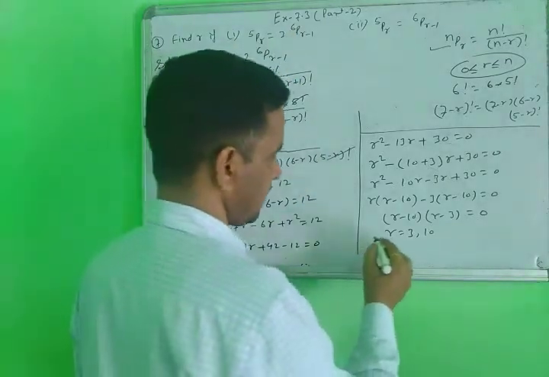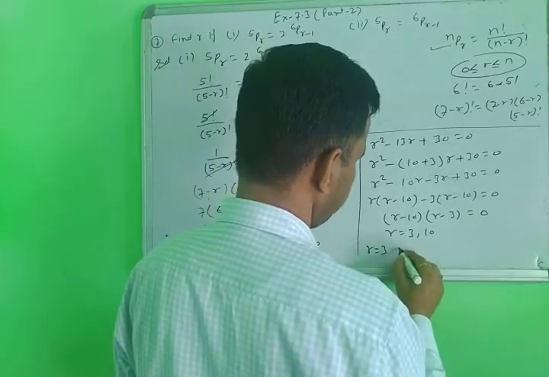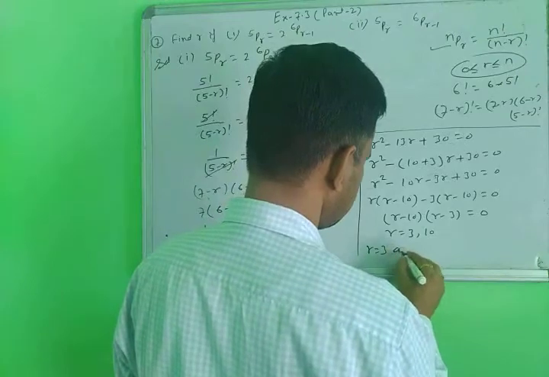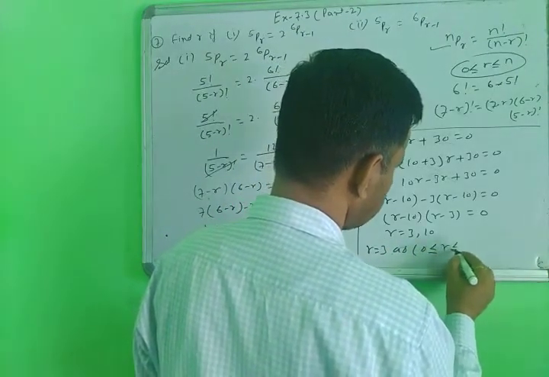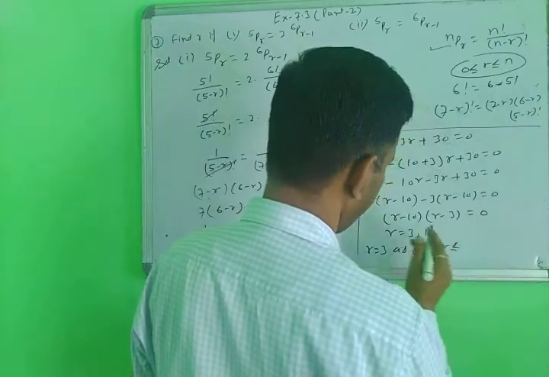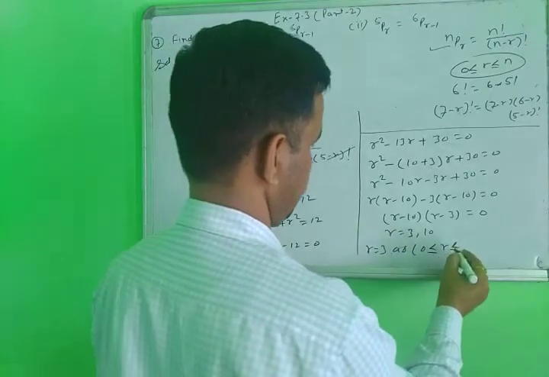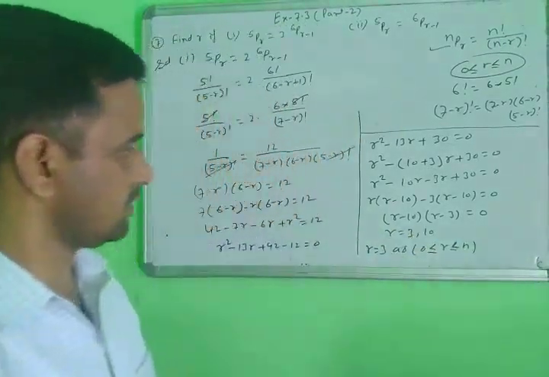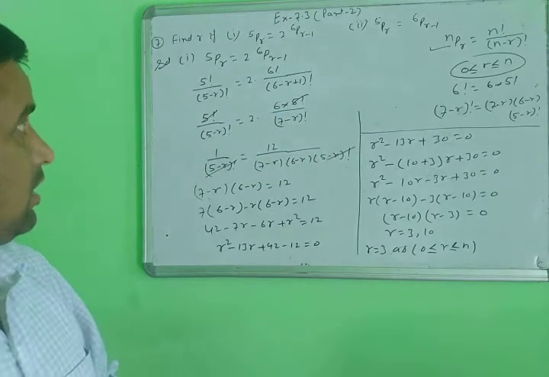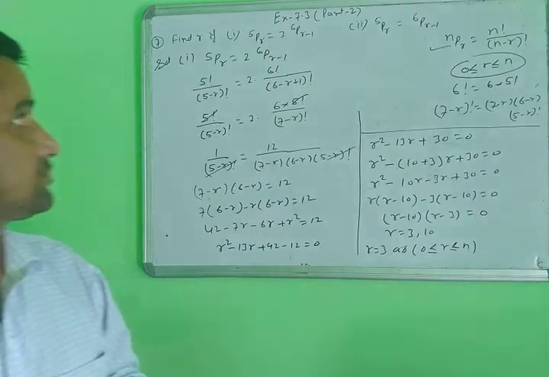So then r will be equal to 3, because r is less than or equal to n. Then you can note it down. Yes, note it down. Then the next question, the second part will start.